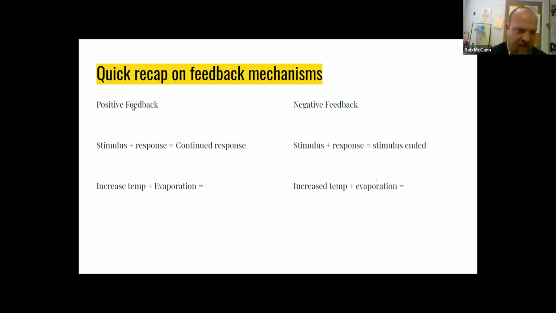And so a positive feedback mechanism, you have whatever the stimulus is. You have a response and then the continued response. So in this case, what if the climate change was increased temperature, which increases evaporation, and then that evaporation causes more increased temperature.